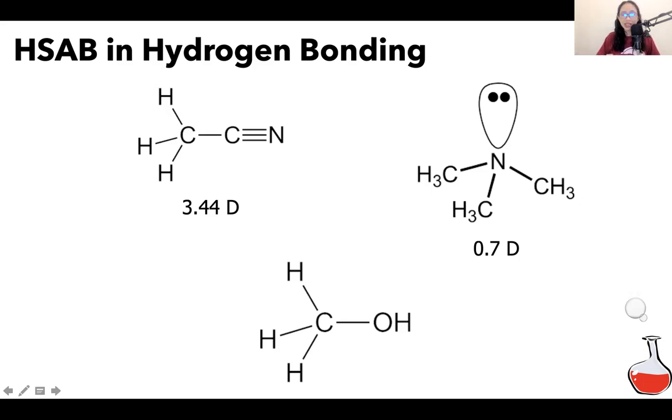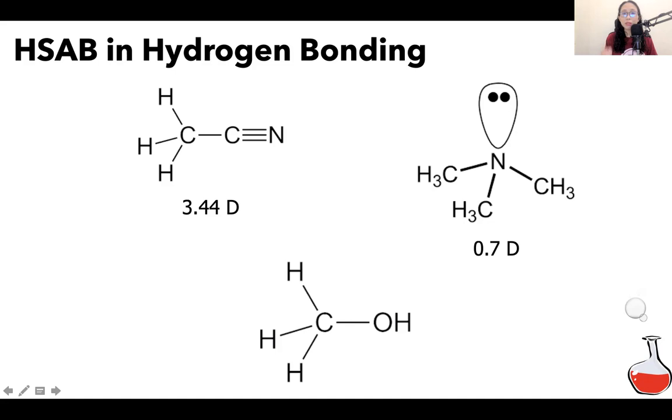So nitriles, like acetonitrile, are soft bases, but amines, like the example here, trimethylamine, are hard bases. Alcohol is also a hard acid. This means that the interaction of methanol with trimethylamine is more favorable than the interaction of methanol with acetonitrile.